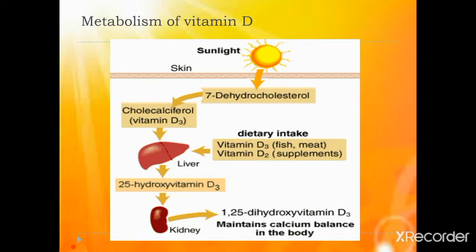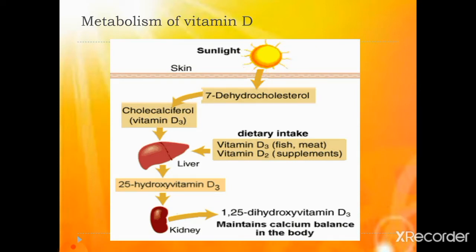Let's move on to the metabolism of vitamin D. As I said, it is synthesized with the help of sunlight. 7-dehydrocholesterol, one of the derivatives of cholesterol metabolism, is present inside the skin.